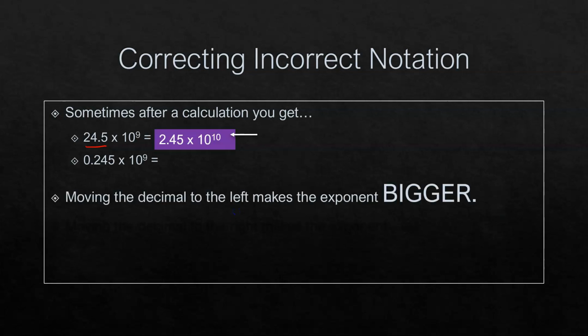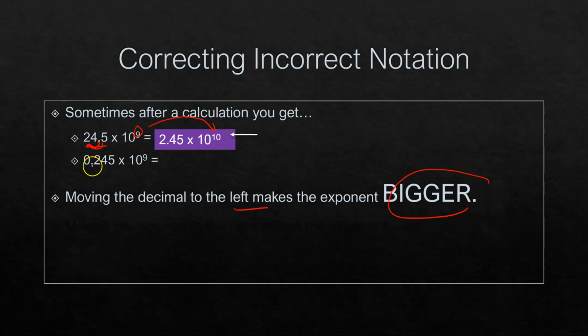So we would correct that by moving the decimal place one place to the left, all right? And so the correct way to write that, you'll notice that when we move the decimal to the left, my exponent got a little bit bigger. Moved it one place to the left, so our exponent went up by one number, all right?